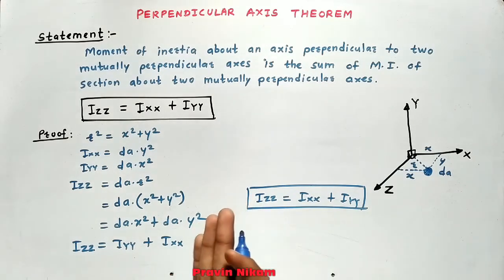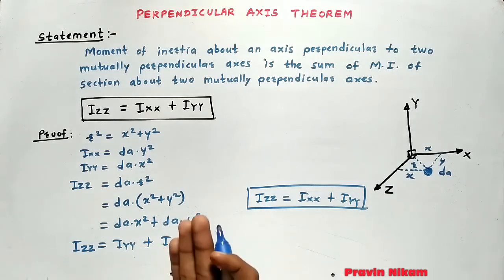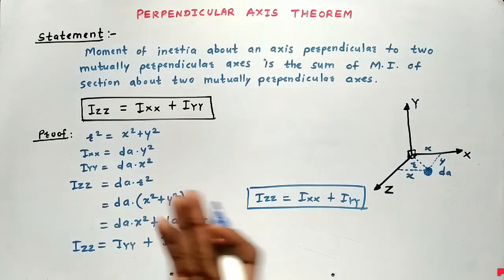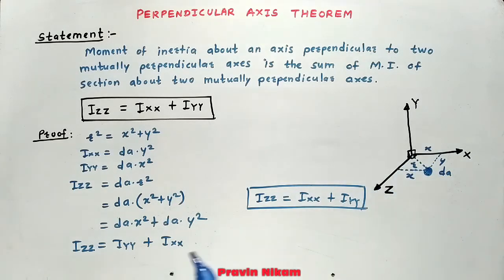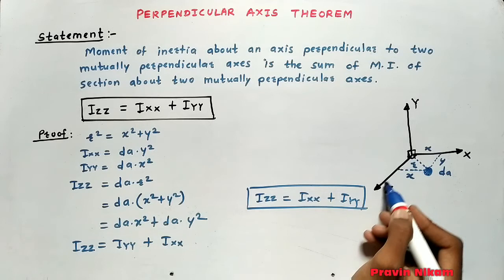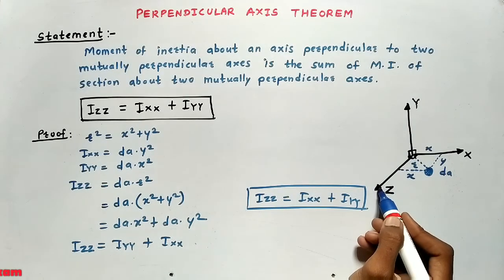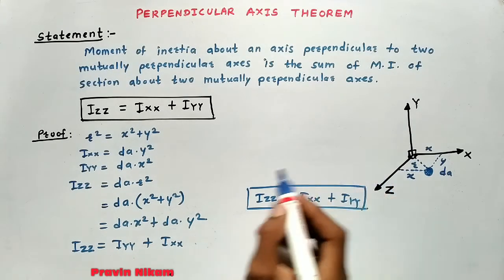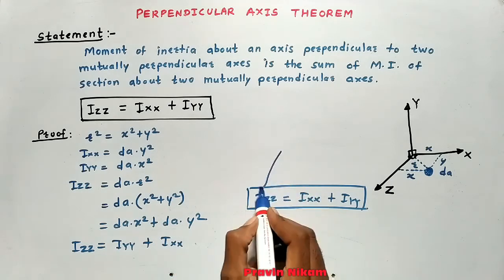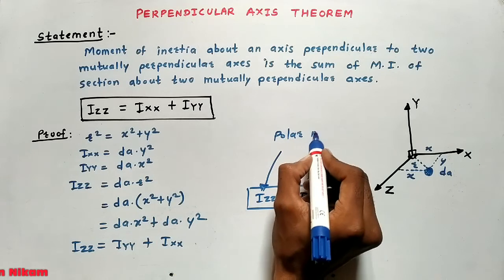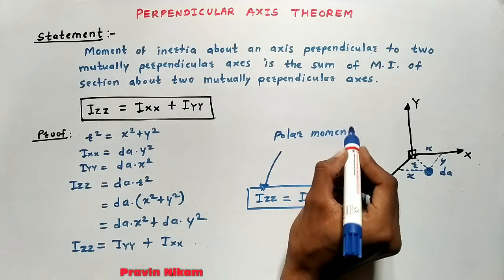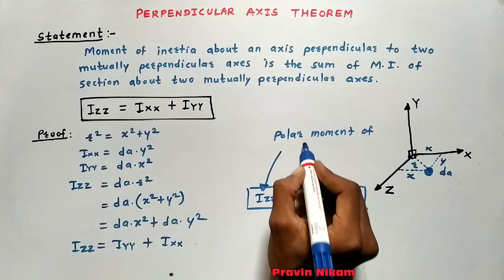This theorem is required to calculate the moment of inertia about this perpendicular axis. Moment of inertia about this perpendicular axis is also called polar moment of inertia. So this Izz is also called polar moment of inertia. Why is it called polar moment of inertia?